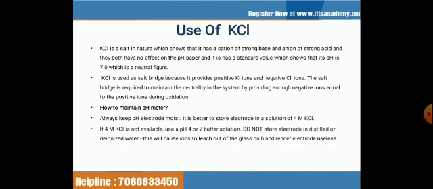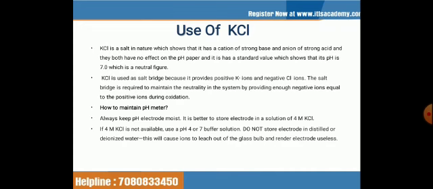KCl is used as a salt bridge because it provides positive K ions and negative chloride ions. The salt bridge is required to maintain neutrality in the system by providing enough negative ions equal to the positive ions during oxidation.